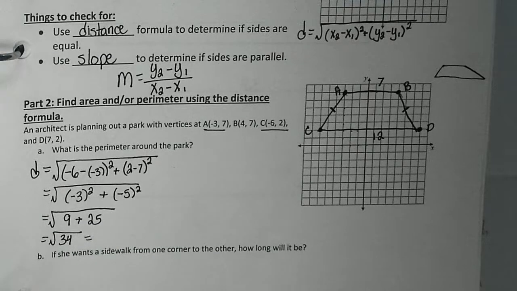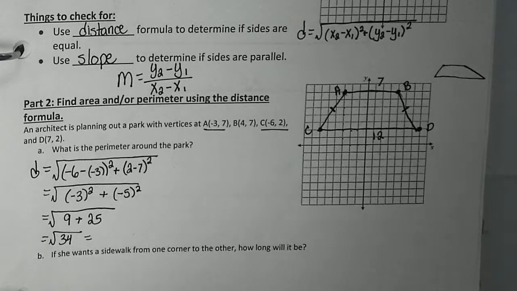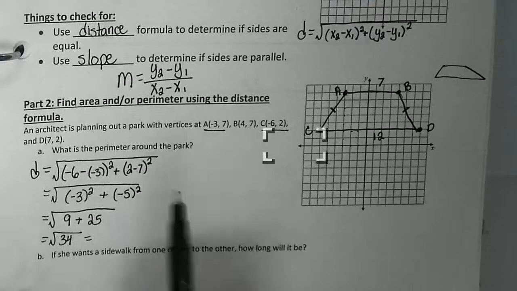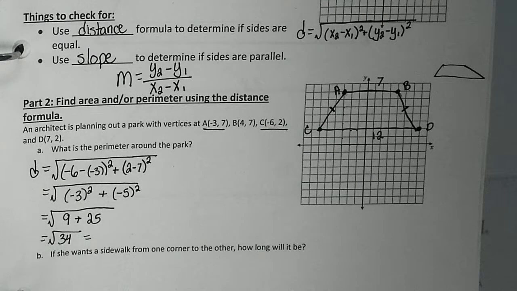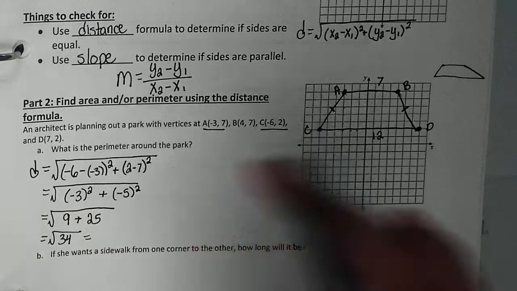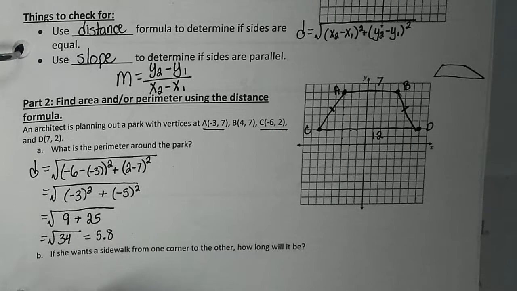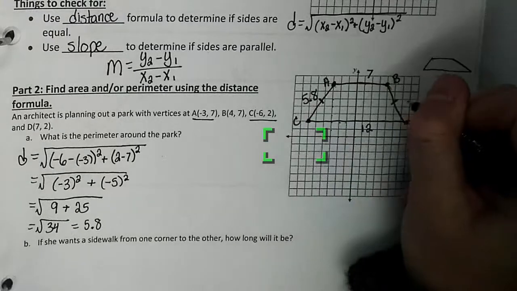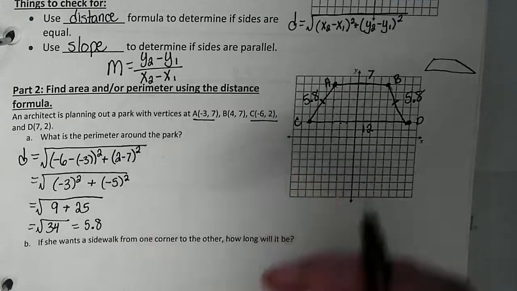Square root of 34. Wait, why did you add it? And then -6 and then you're going to add the something? You have minus and negative. If I round to the 10th place, I get 5.8. So AC is 5.8, and since we already determined they were equal, BD is 5.8 as well.